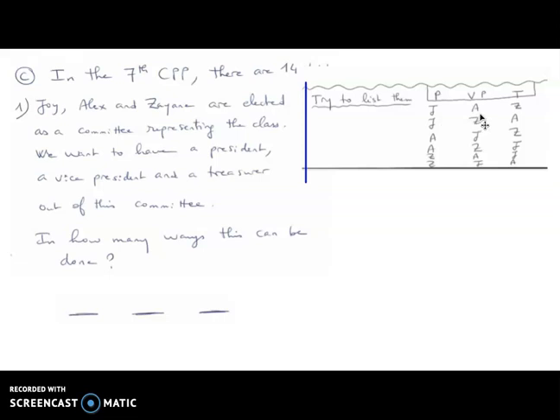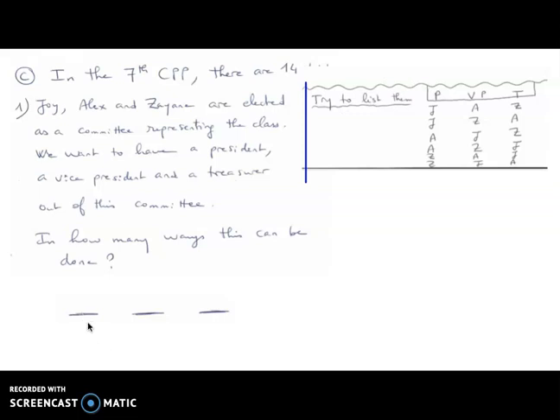Joy president, Alex vice president, and Zayan treasurer. Joy president and shifting between Zayan and Alex. I choose Alex as president and shift between Joy and Zayan as vice president and treasurer, and the same for the last part, and I can count them. But there is always a way to find a solution without listing.